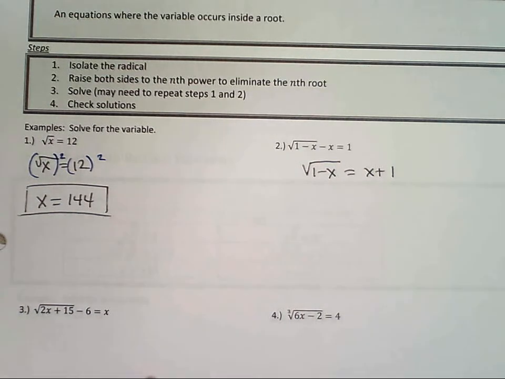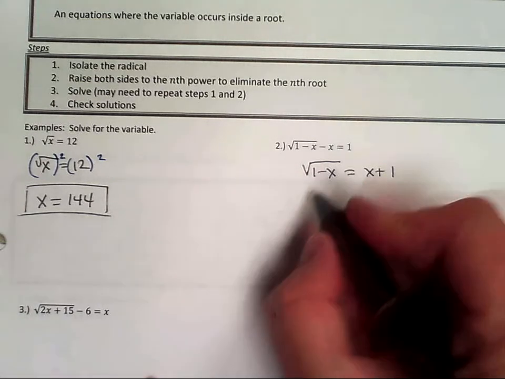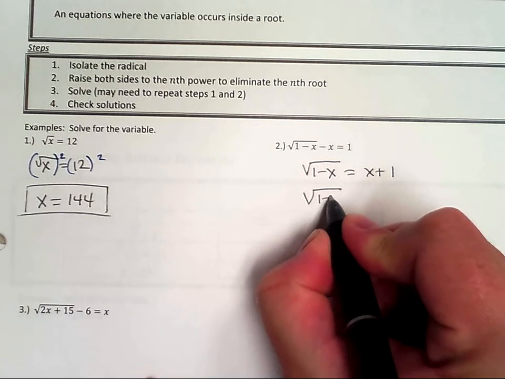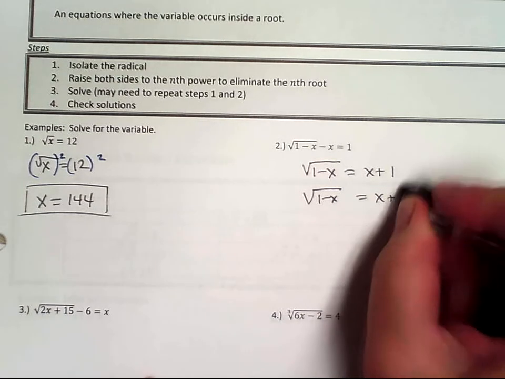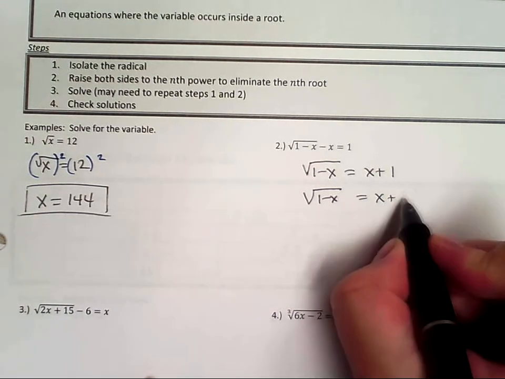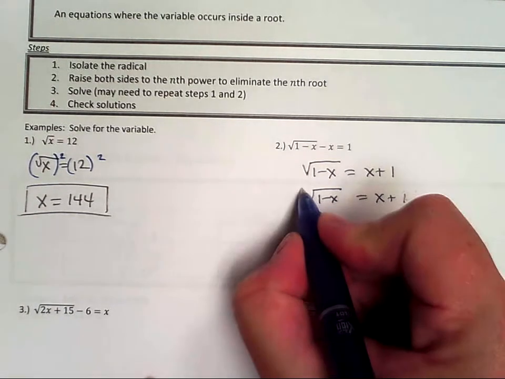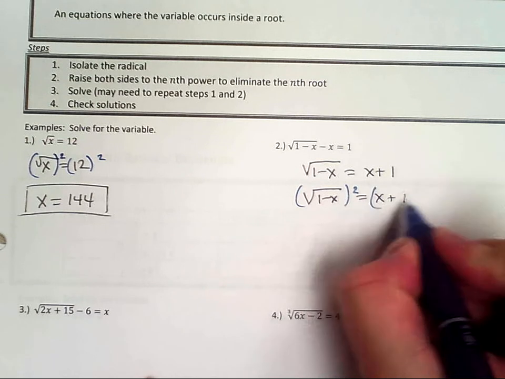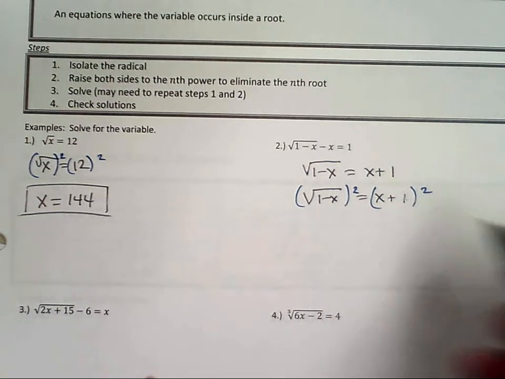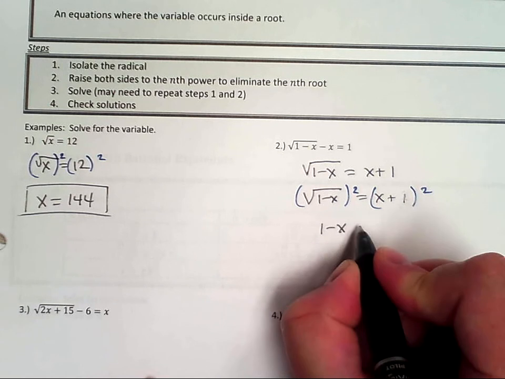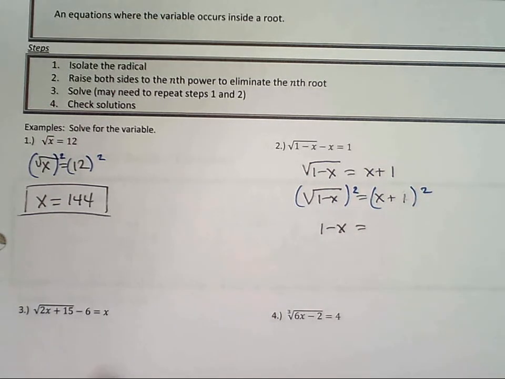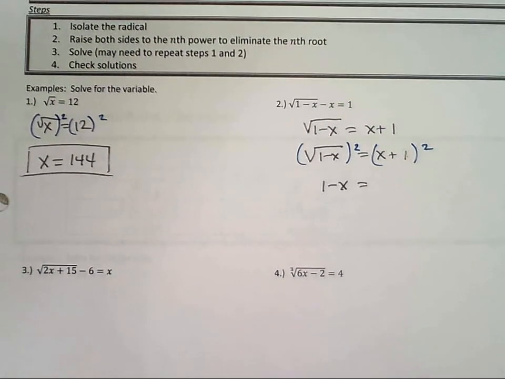Let me rewrite, just so I can show that that's what I'm doing. Then on the left-hand side of the equation, I'm left with 1 minus x. On the right-hand side, what do I have?